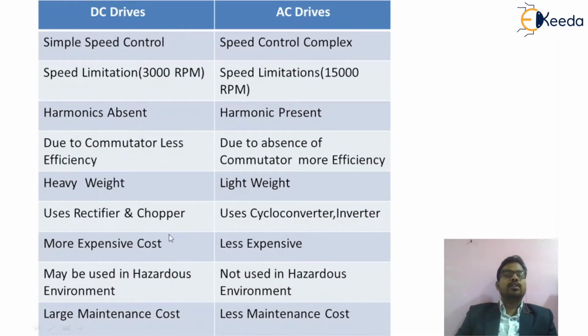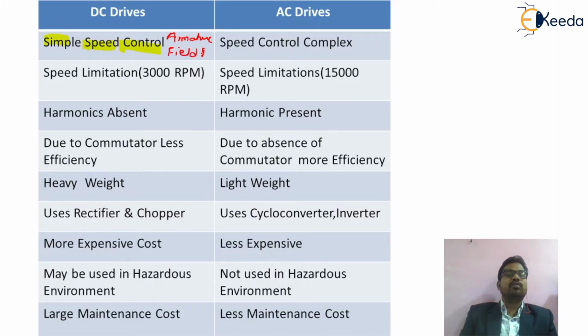Now again we want to move towards the next status of DC drive and AC drive. For the understanding of that status, we want to understand the speed control methodology of the DC drive. The DC drive basically uses different speed control techniques: the armature voltage speed control technique and the field flux speed control technique.